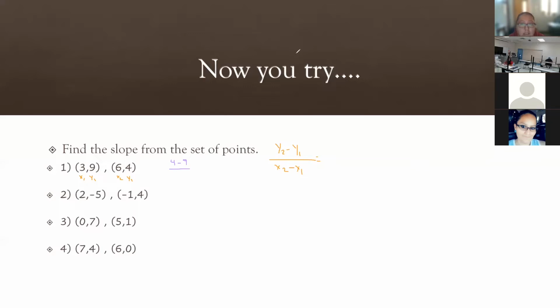And I am going to change that to a blue. So a 6. And it's a positive. Then subtract. Then our x1 is a 3. So we just put 3 here. So now we have all of our numbers in there.